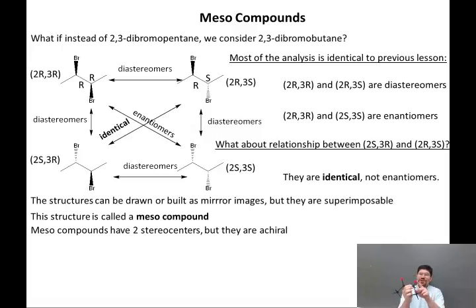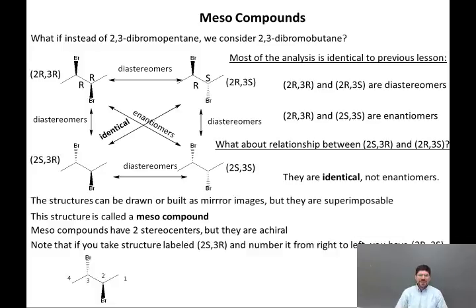They are a carbon with four different things bound to them: a bromine, a hydrogen, a methyl group, and a bromoethyl group. That doesn't change the definition that this is a stereocenter, but this compound is achiral, because remember, chiral means not superimposable on its mirror image. Since this is superimposable on its mirror image, it is achiral.